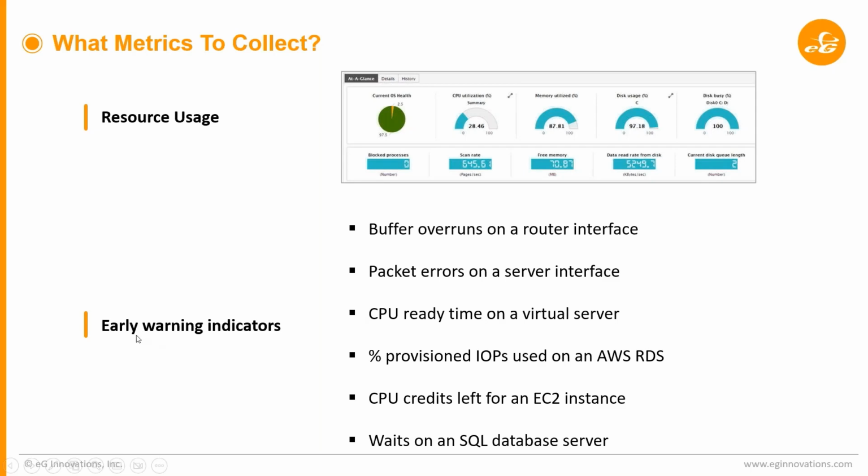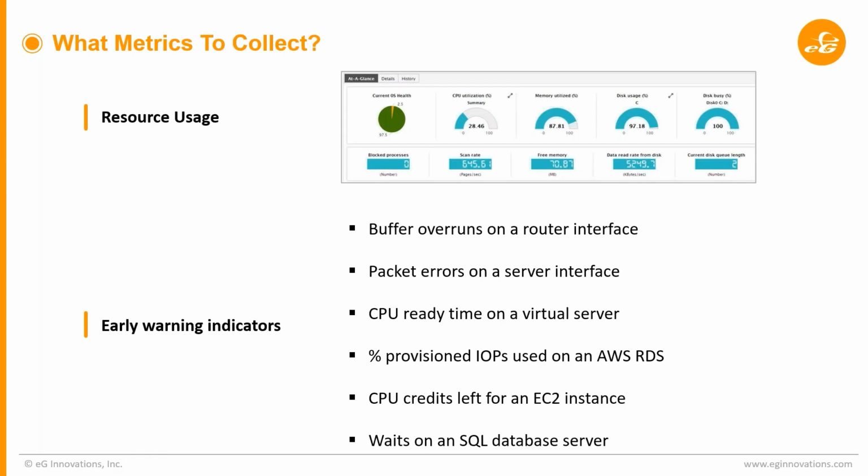At the same time, it is important that you have early warning indicators of problems. CPU, memory, etc. may be good indicators, but often your clues come in other places. For example, if you're looking at a network, look at the buffer overruns on a router interface. If you are seeing an increase in buffer overruns, even if your application is not impacted today, it is likely to be impacted down the line.